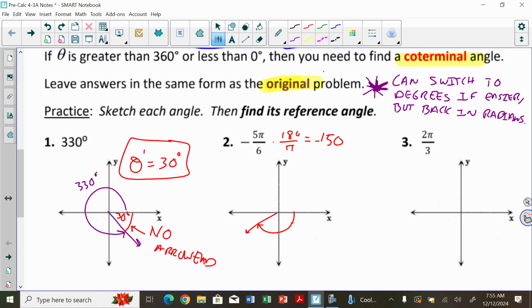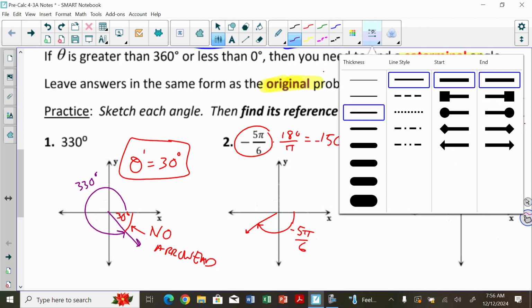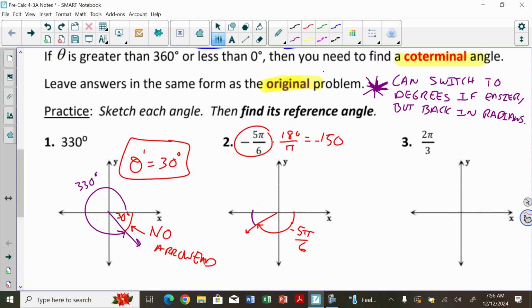So negative 150, which is negative 5 over 6, so when I put it back on there, negative 5 pi over 6. And now you might be able to tell that this reference angle here, again, comes from the x-axis down here, no arrowhead. And that's going to be pi over 6, because 6 pi over 6 would just be pi, which would be 180 degrees. So sometimes you can see that fairly simply.